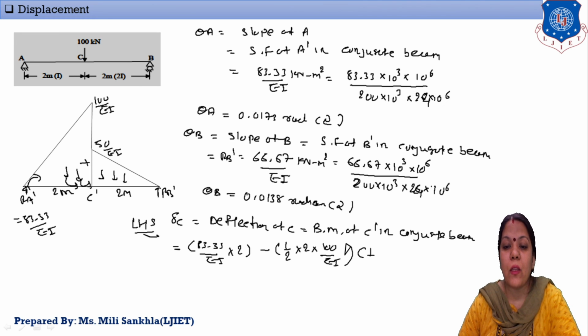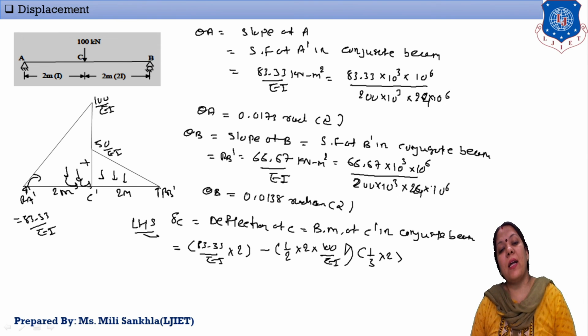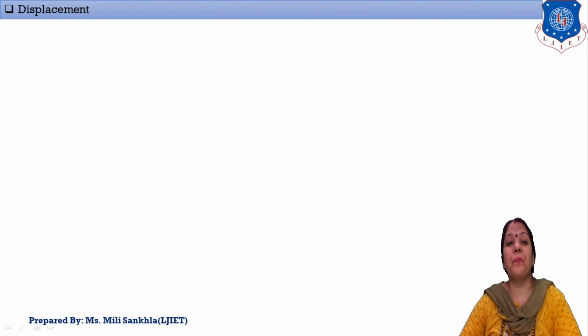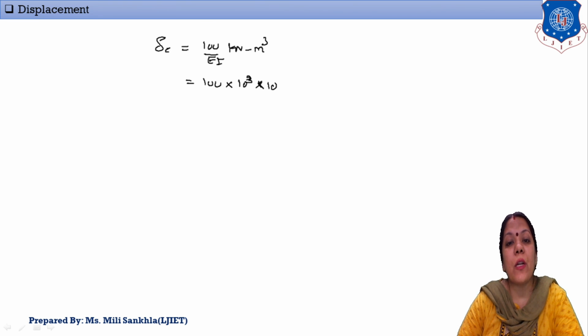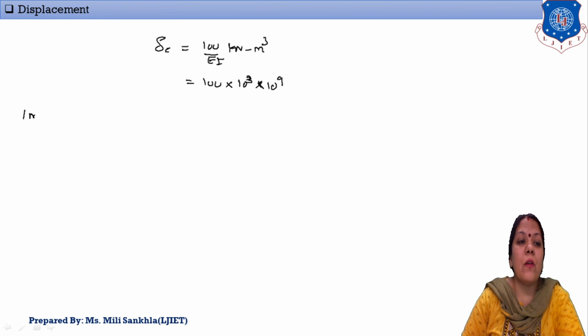After simplification, our deflection at C, del C, is equal to 100 by EI, and the unit of this numerator is kilonewton into meter cube. 1 by 100 and kilonewton is 10 raised to 3, and this meter cube is equal to 10 raised to 9, because 1 meter is equal to 1000 mm.